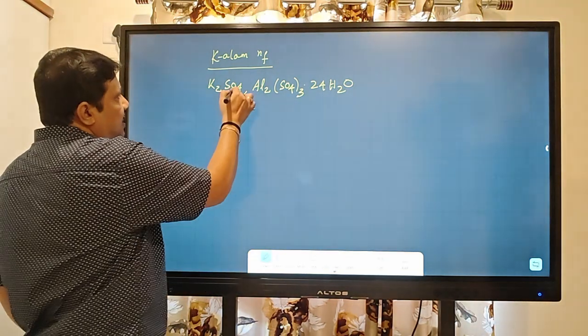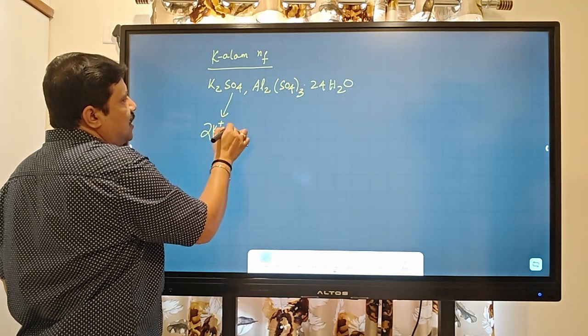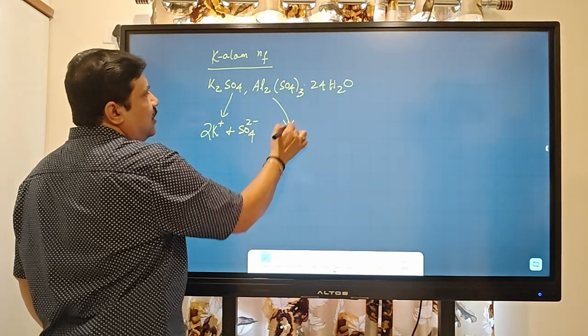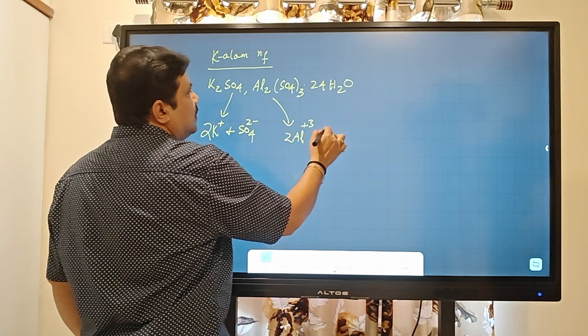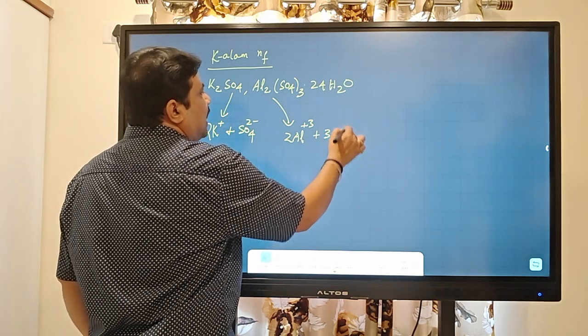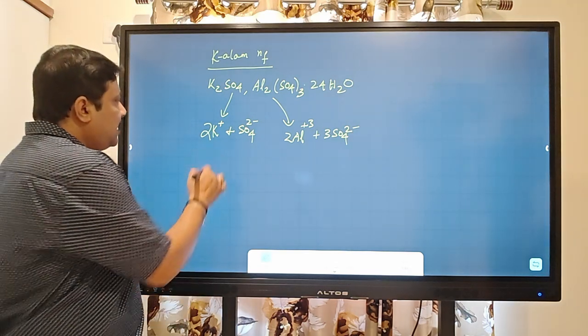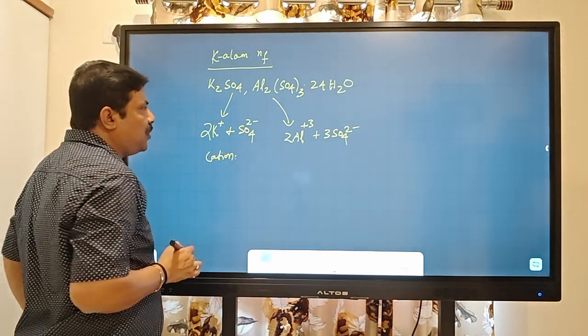So here you have to look at the total charge of the cation. For that purpose, first write what it will give on dissociation: 2Al3+ plus 3SO4 2-. I told you any one you can consider, either cation or anion. I am considering the cation. Then take the total charge of the cation or anion, mod value.